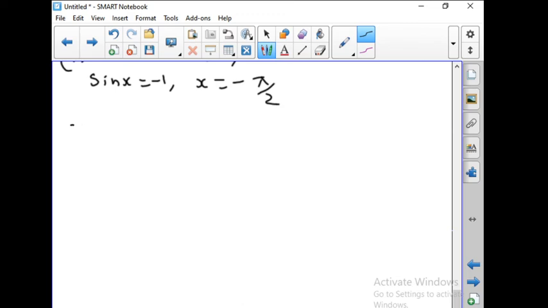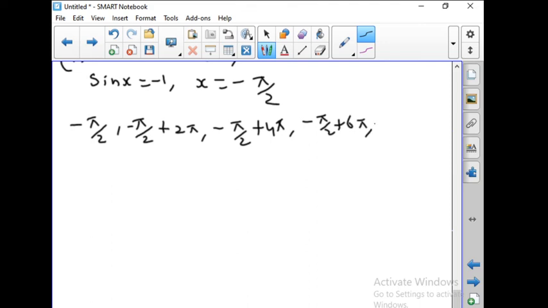So what do you get? Minus pi by 2, then minus pi by 2 plus 2 pi, minus pi by 2 plus 4 pi, minus pi by 2 plus 6 pi, minus pi by 2 plus 8 pi. So what do you get from here?